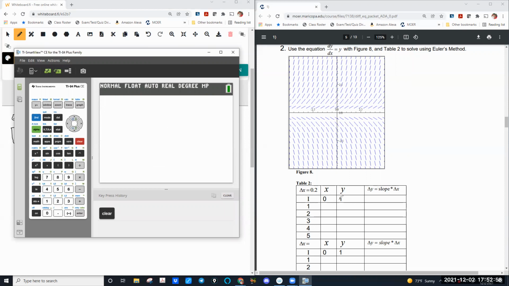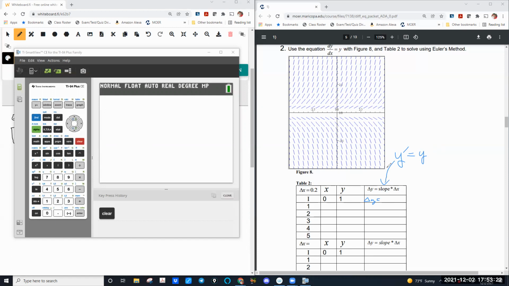All right. So again, right now I'm at the point 0, 1. I know it's kind of cut off here. Remember, this is our slope field. That is what's giving us this slope. So our change in y is equal to our slope at 0, 1. Well, the slope is going to be 1, right?